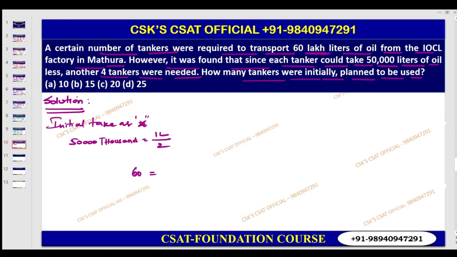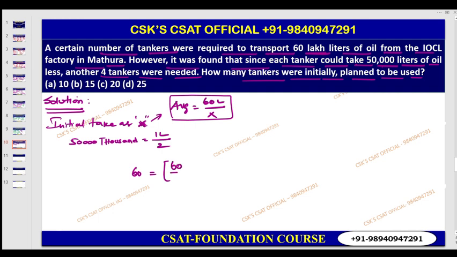This is the concept based on average. So here you can take it average with respect to this one. Initially the average is equal to what? 60 lakh liter by x, x much of people. Now after this 50k reduction, what happens here? Surely they need to carry 60 lakh only.